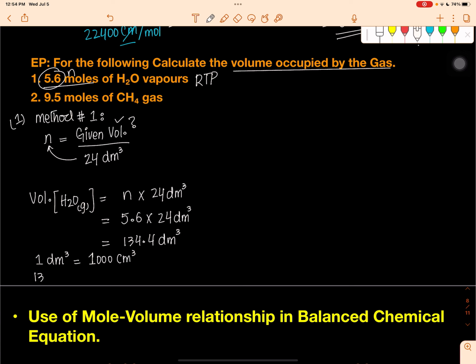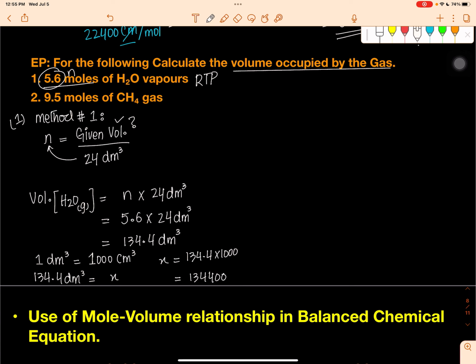So 134.4 dm cube will be equivalent to how much? That is x. So x is equal to 134.4 times 1000, and we get 134,400.